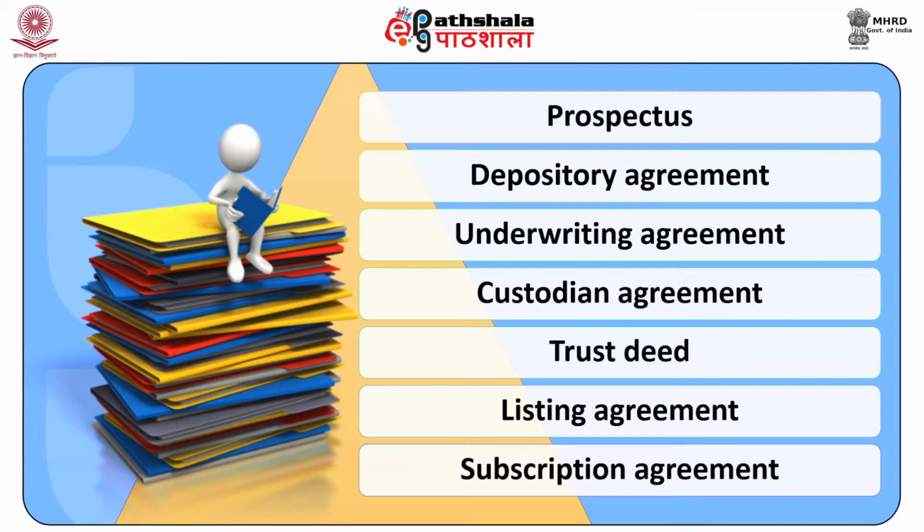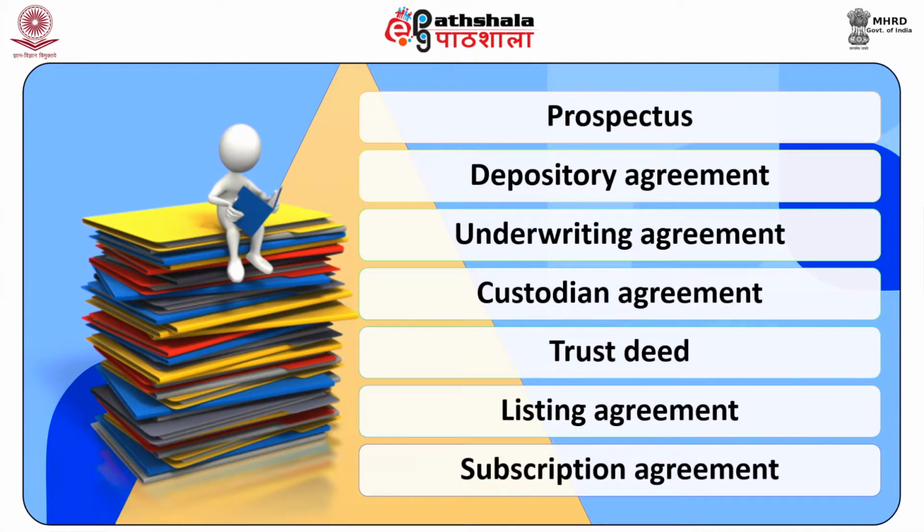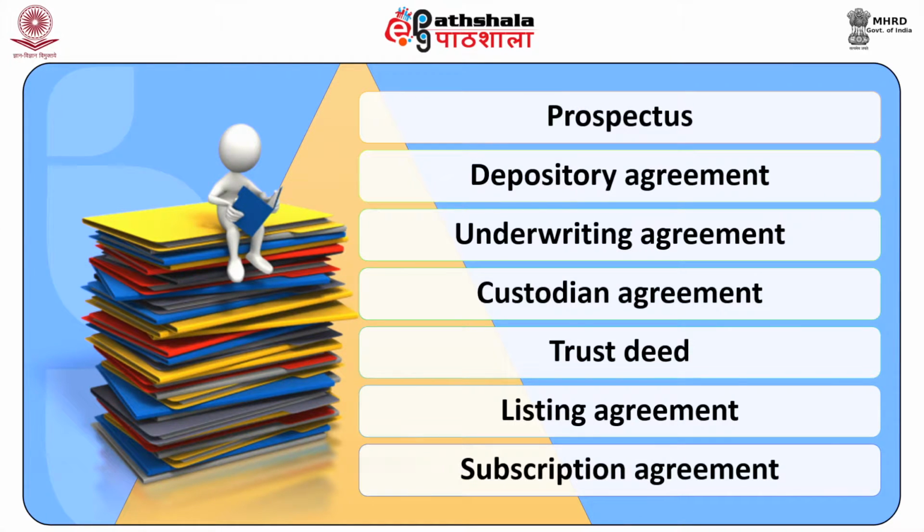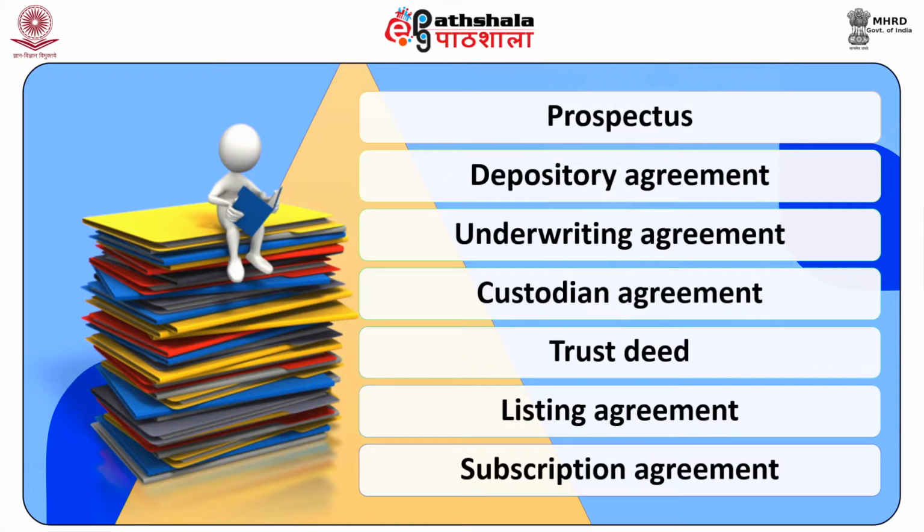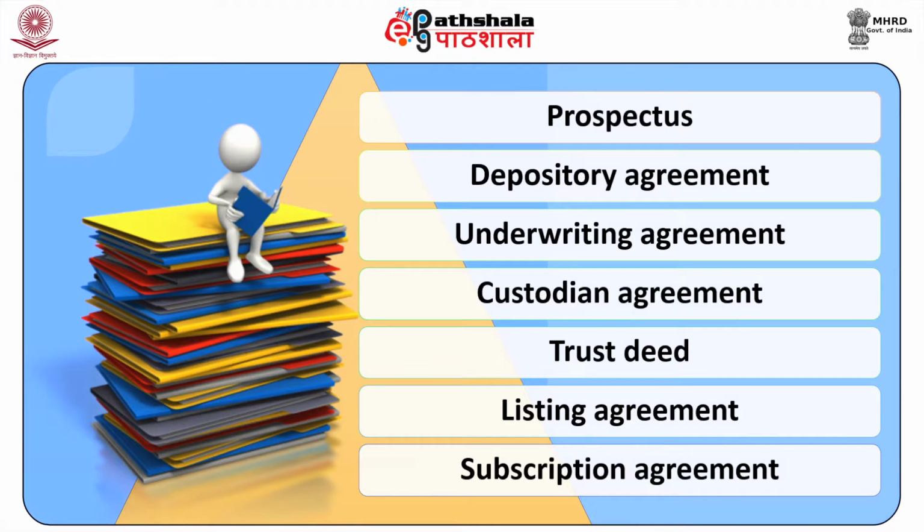Listing agreement. A copy of the listing stock exchange agreement is also enclosed so that investors are well informed about the secondary market for the issue. Subscription agreement. As per this agreement, the lead manager and the syndicate members agree to subscribe to the issue.